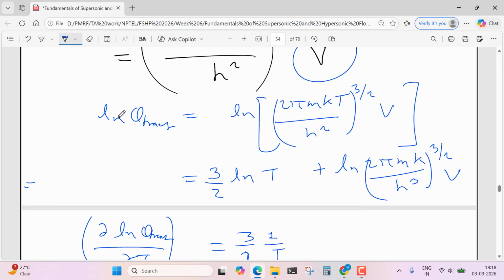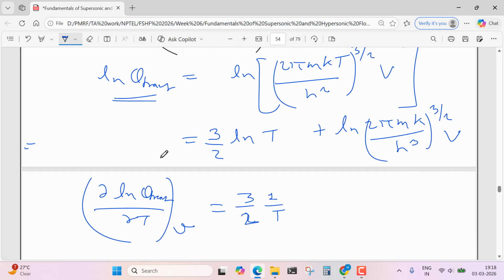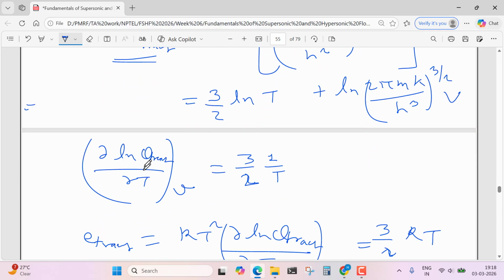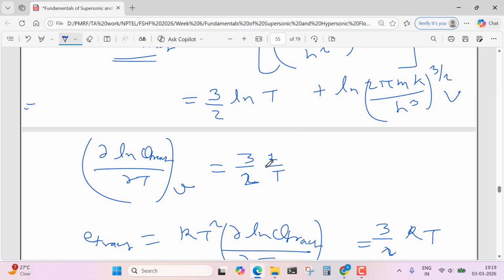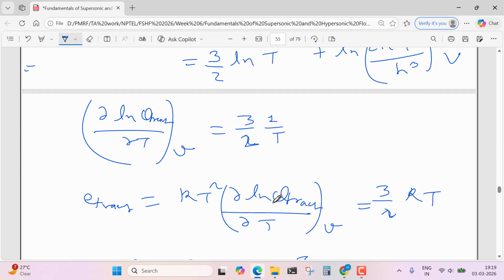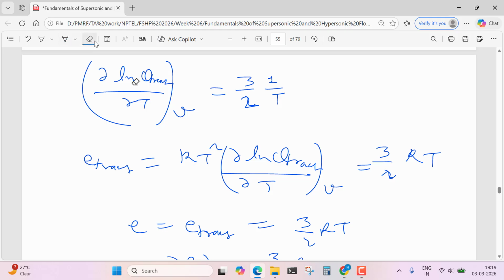So now if we take the differentiation of this term with respect to temperature, we will get dou log Q translation upon dou T at constant volume is nothing but 3 upon 2 into 1 by T. So E translation will be RT square dou log Q translation upon dou T at constant volume, which will be 3 by 2 RT.